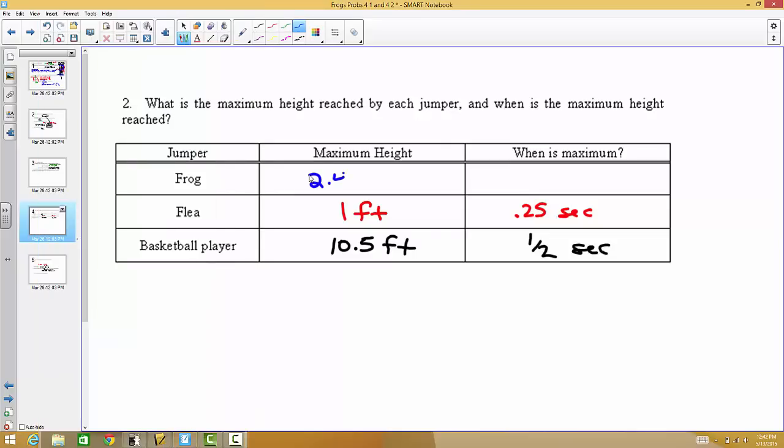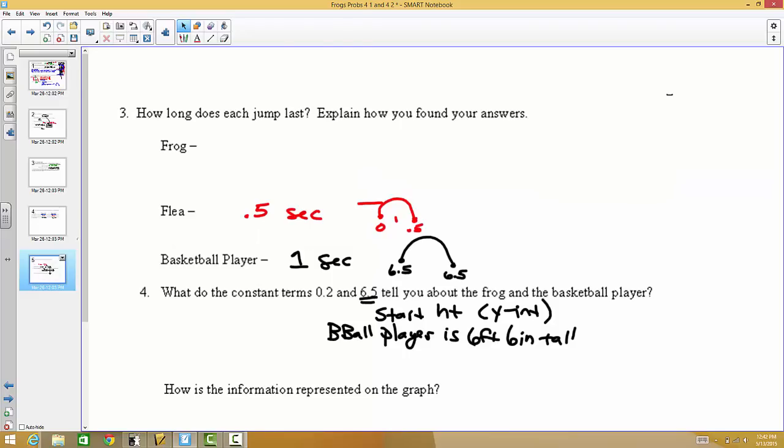So 2.45 feet at 0.375 seconds. And this frog starts 0.2 high, so the jump is really 2.25 feet. So this frog took, well, 0, and 0.375 was the peak.